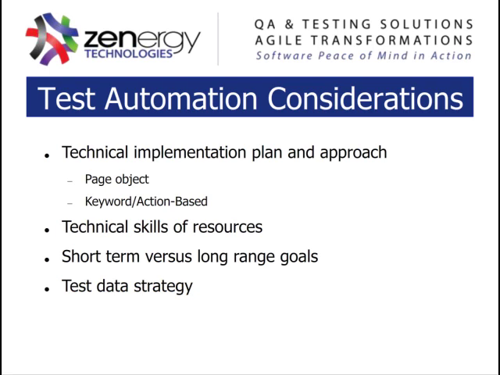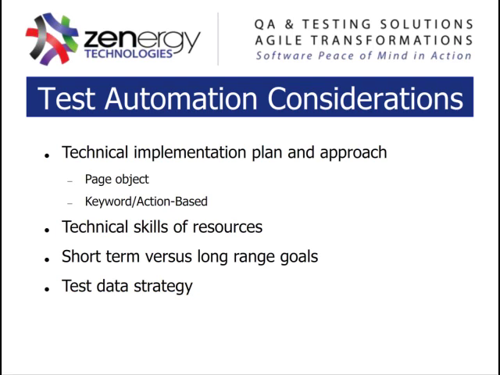And then, of course, test data strategy. If you have been doing test automation, you know that test data strategy might be an afterthought, but it's the biggest hurdle you have to overcome. What I mean by test data strategy is, how do I run my tests over and over again without having to manually intervene every time to change data?